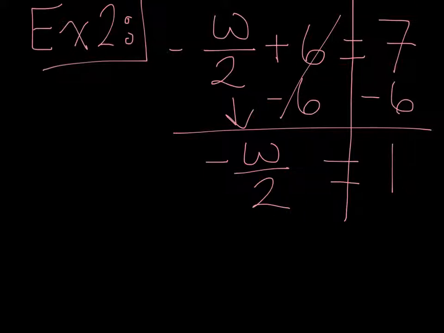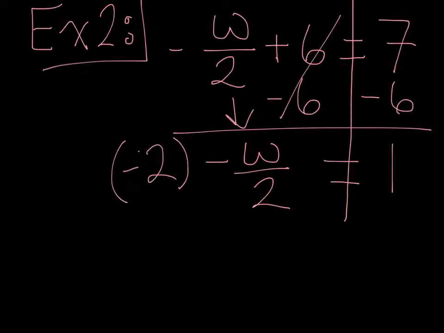You could say negative w divided by 2. I would probably say w divided by negative 2, just so that I can put these two terms together and get rid of them at the same time. So since I'm dividing, remember we do the opposite to unglue these terms. Instead of dividing by negative 2, I'm going to multiply by negative 2.